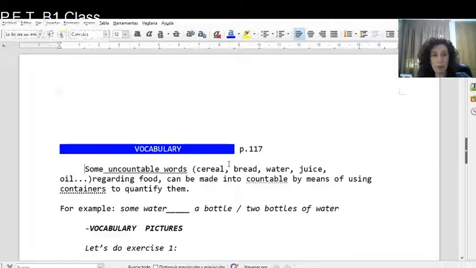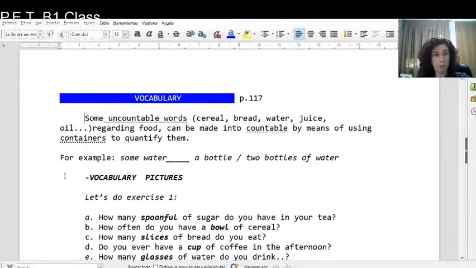But they can be made into countable by using containers to quantify them. For example, water is uncountable. But if you say a bottle of water, now it's countable. Some water is uncountable, no s. But a container, a bottle, 2 bottles, 3 bottles of water.